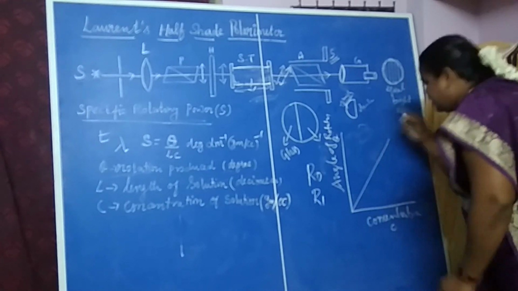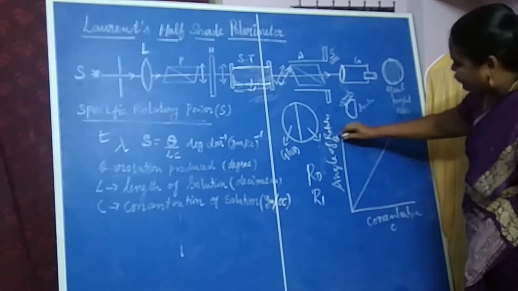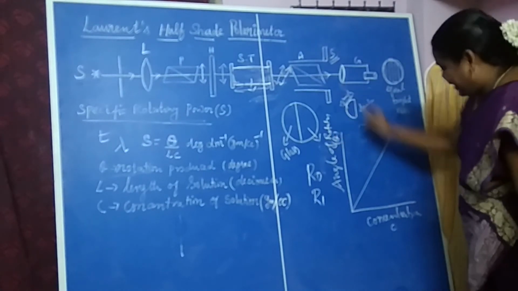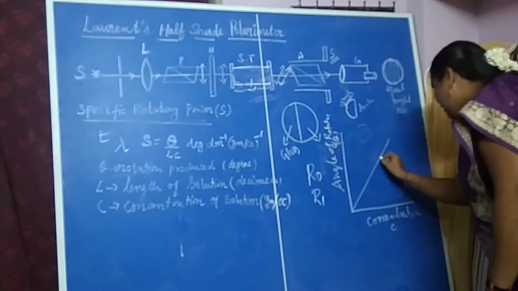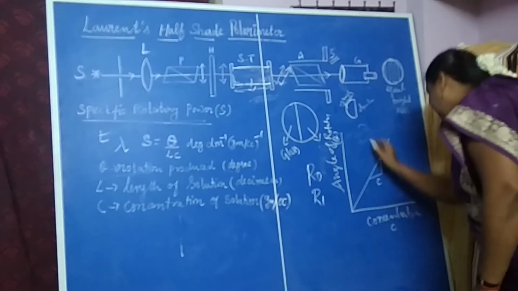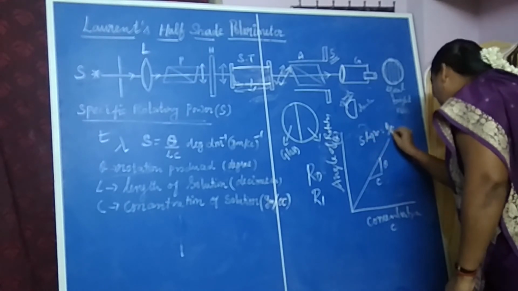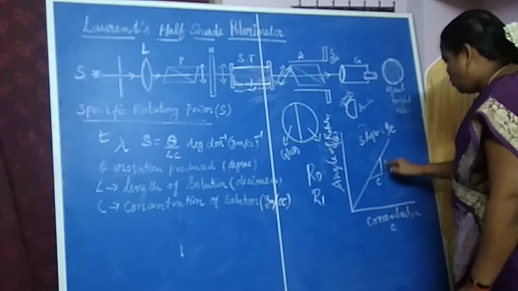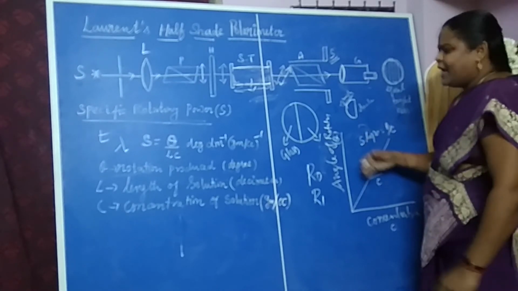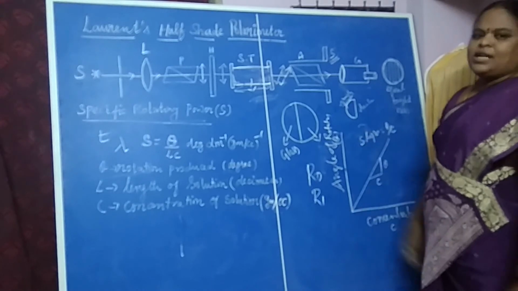We will get a straight line graph. When concentration increases, the angle of rotation theta also increases. By taking the slope of the graph, that is theta by C, the slope value equals theta by C. Using the slope value from the graph, we can again calculate the specific rotatory power of the given solution.